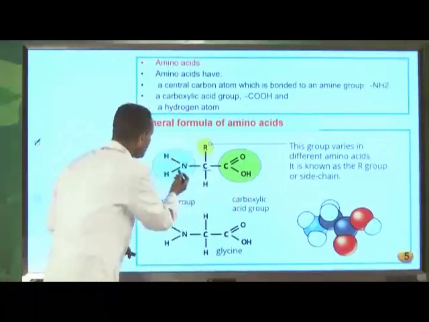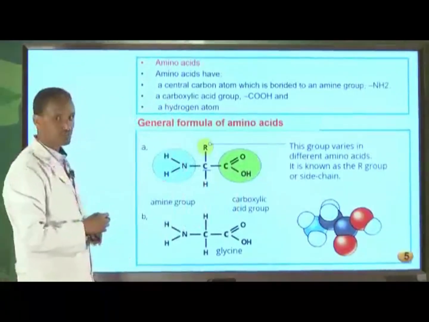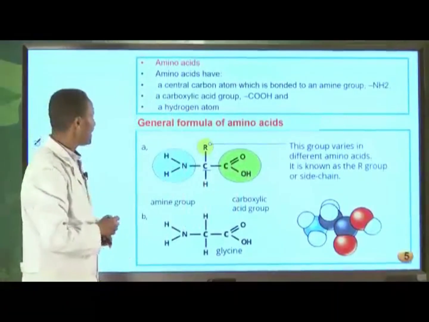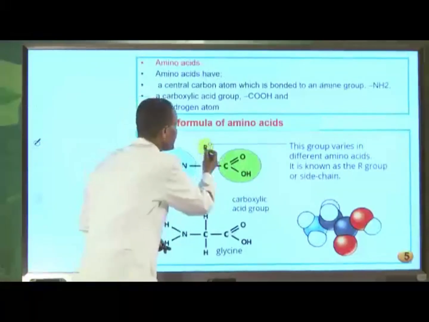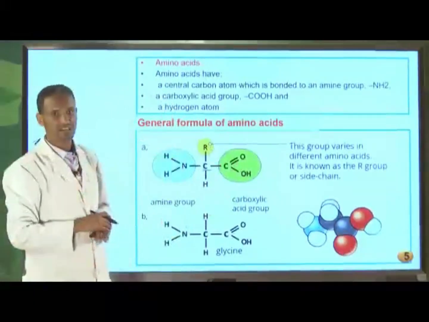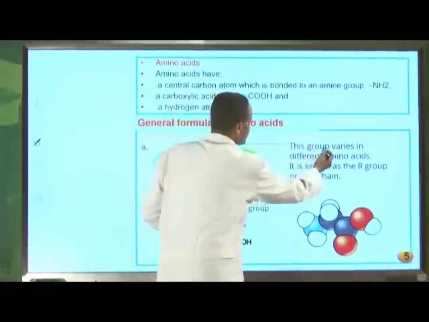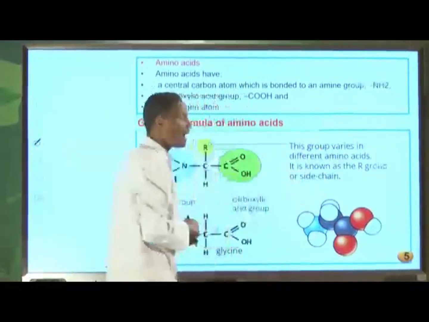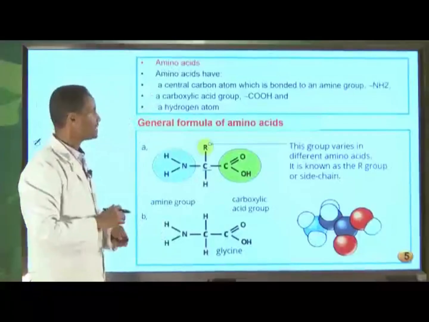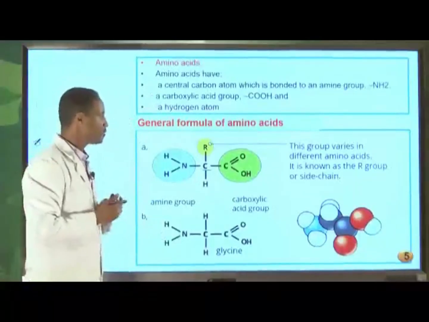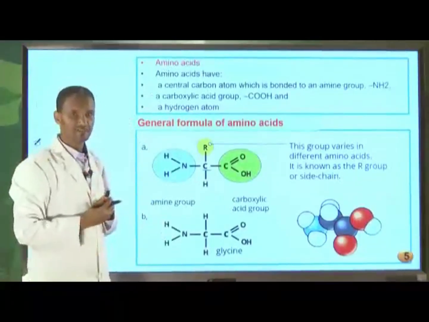Again, the amino group or the amine group is attached to this central carbon. And the other one, the R group, is attached to this central carbon. This R group varies in different amino acids. Therefore, it is known as the R group or side chain.